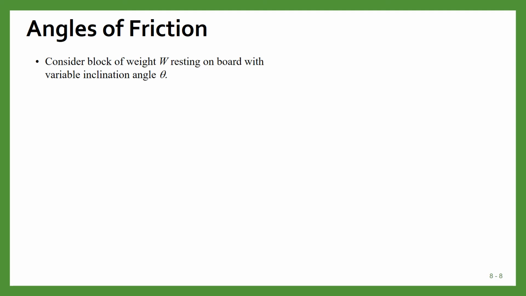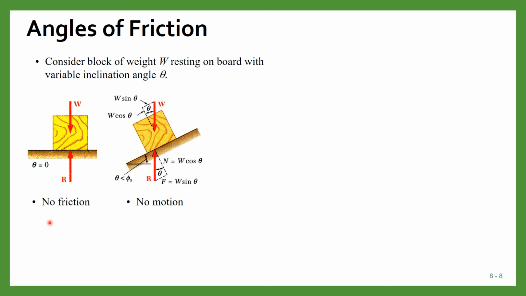Now to better understand this angle of friction, consider a weight resting on a board with variable inclination theta. So this is a weight resting on this board, and this board has a variable inclination. Suppose initially it has inclination 0, so in that case there will be no friction. Now suppose we move this board like this, changing the inclination of this board.